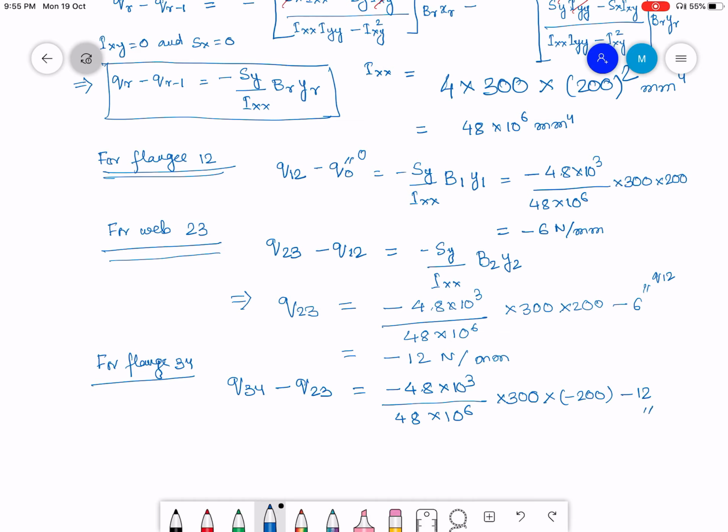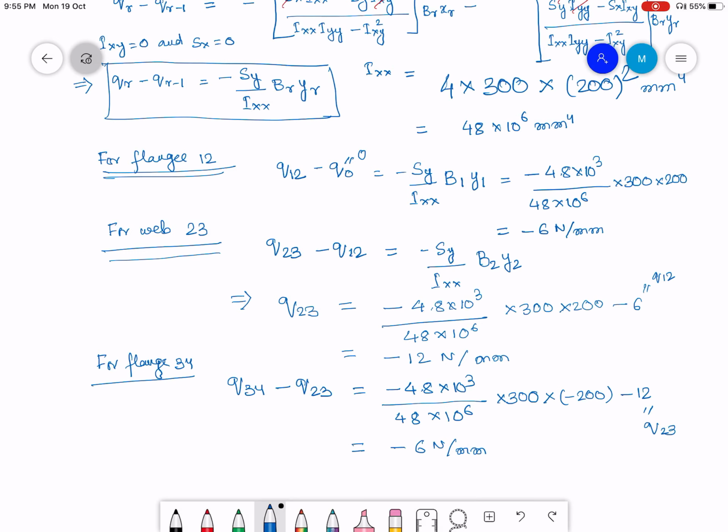This is equal to your Q23. So this is going to be minus 6 Newton per millimeter. So I have got the shear flow for all the legs or portions of the cross section.